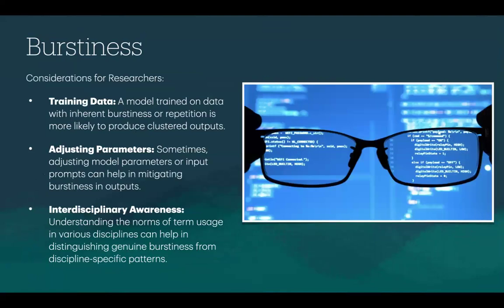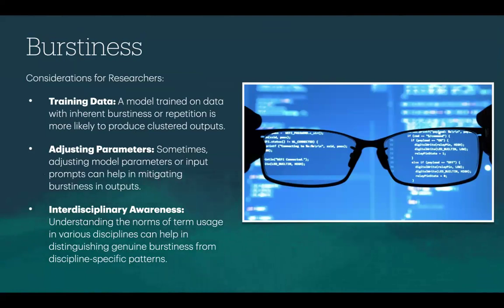When it comes to burstiness, the considerations for researchers include looking at the training data. If my model is trained on data with inherent burstiness or repetition, it's likely to produce clustered output. If these outputs are clustered, then that means there's really not a whole lot of variation happening within the model. We can maybe adjust some of the parameters.